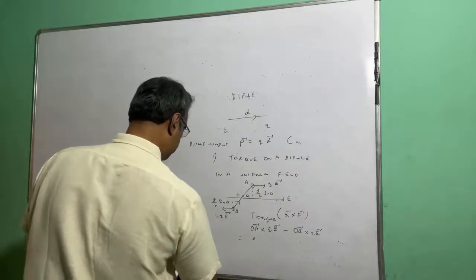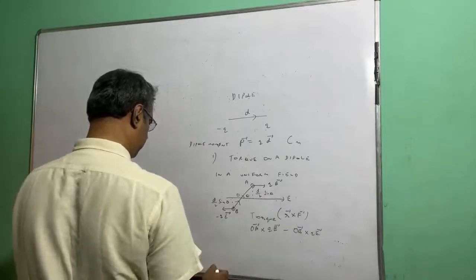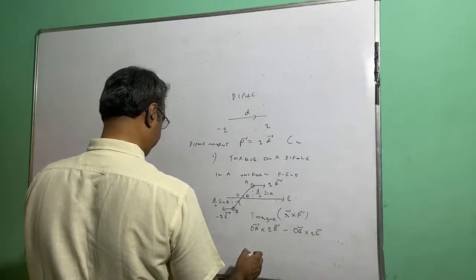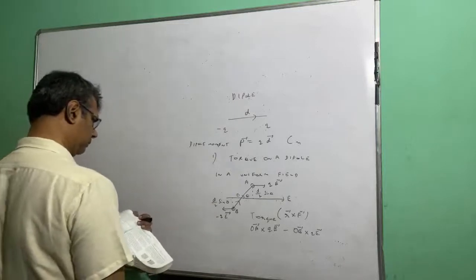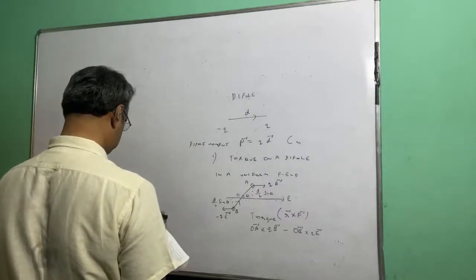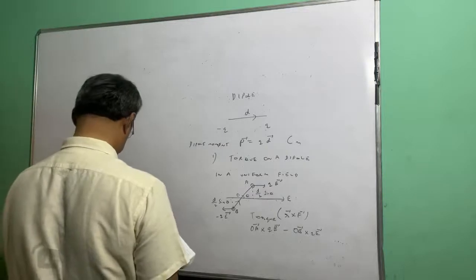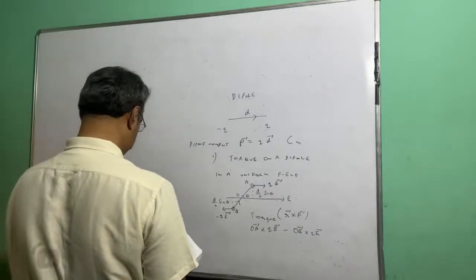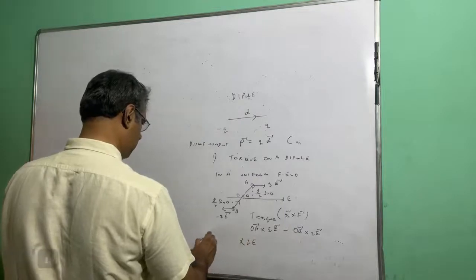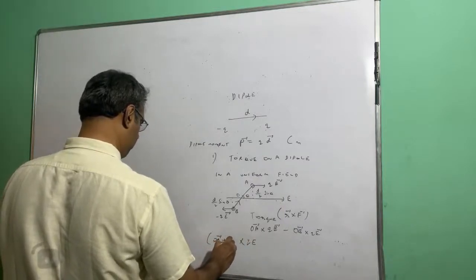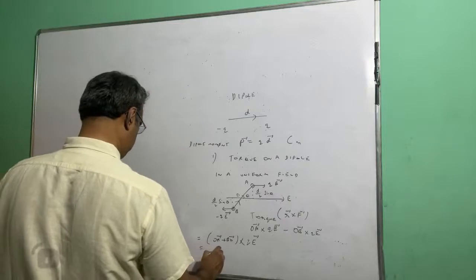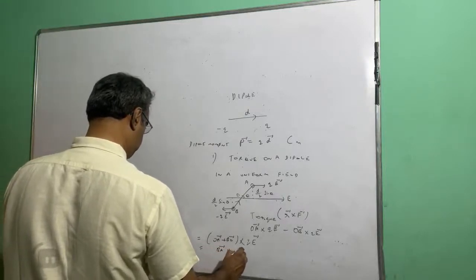So ultimately you will get OA plus BO cross qE, which becomes BA cross qE.